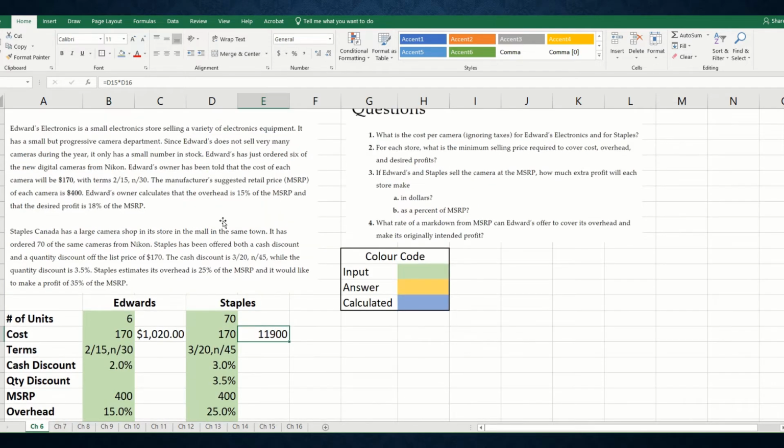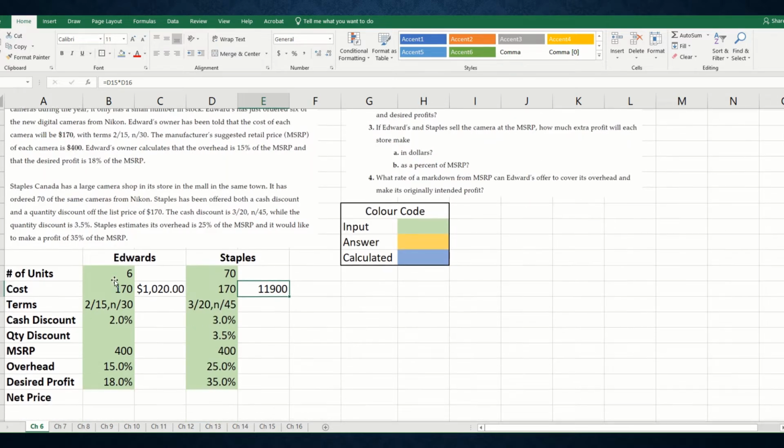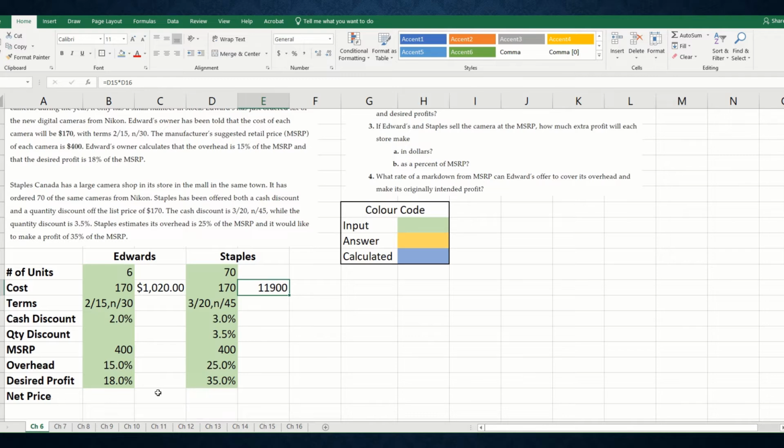If we look up at the question here, they have a small number. They ordered 6, and the cost of the cameras will be $170. Okay, so therefore his net price of the units here, he doesn't have a quantity discount at all.